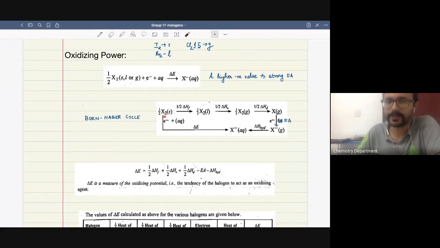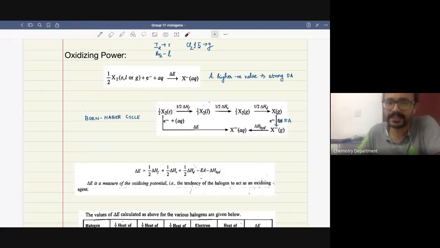So initially, from this, you know that it has to reach to a, it is not in the diatomic state, but rather it is in the atomic state. I mean to say, not in the X2 state, but in the X state. So that means first I have to change this into a gaseous state. Only then I can break them into two atoms.